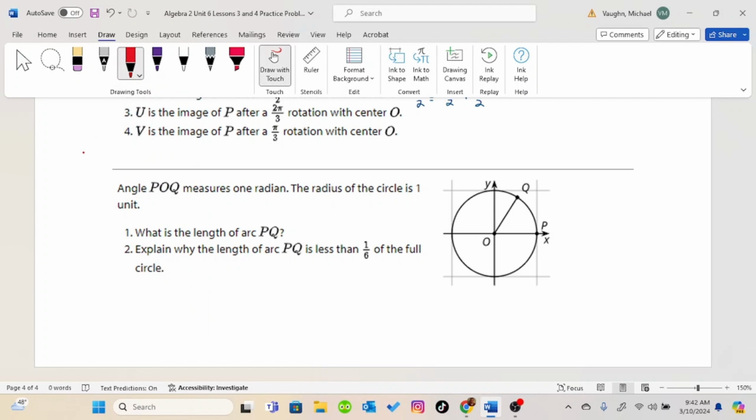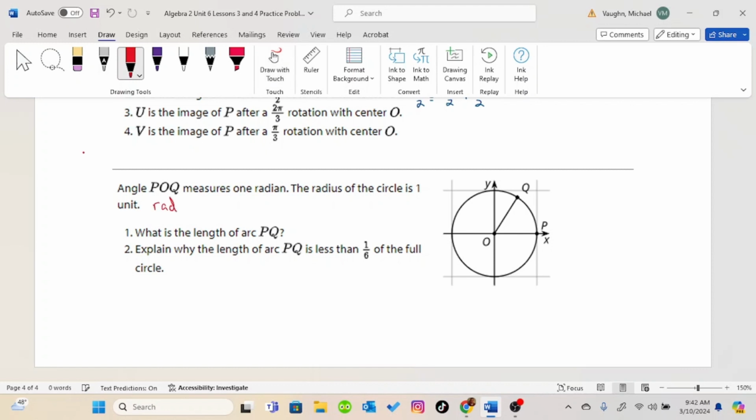Angle POQ measures 1 radian. The radius of the circle is 1 unit. What is the length of arc PQ?